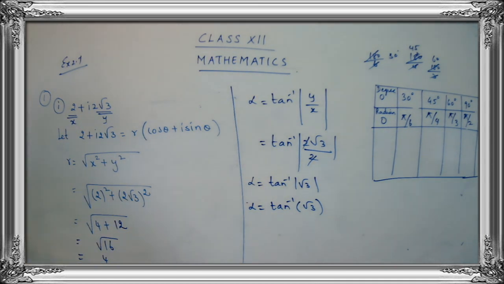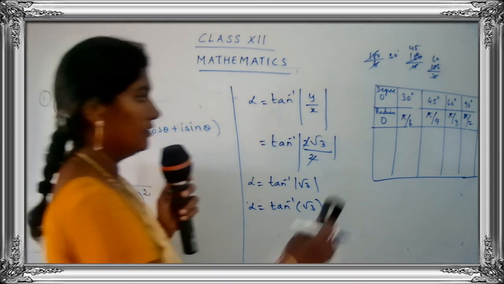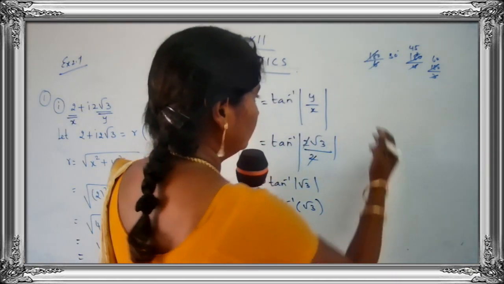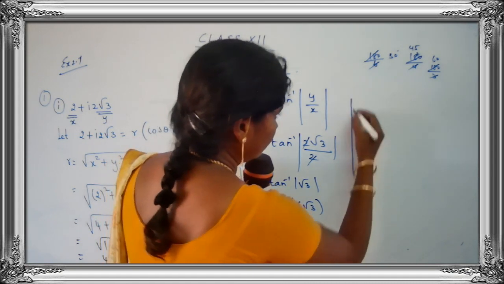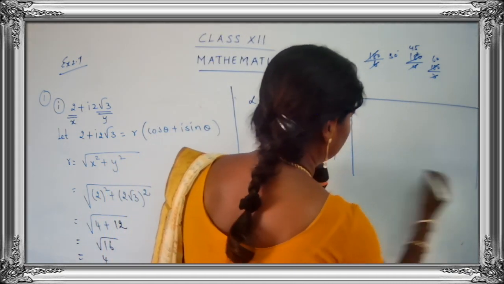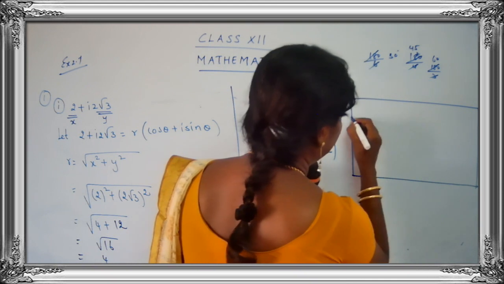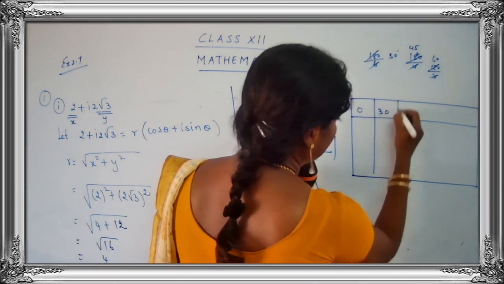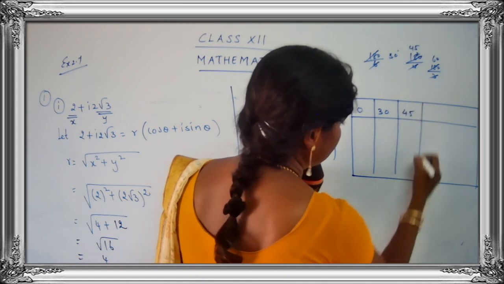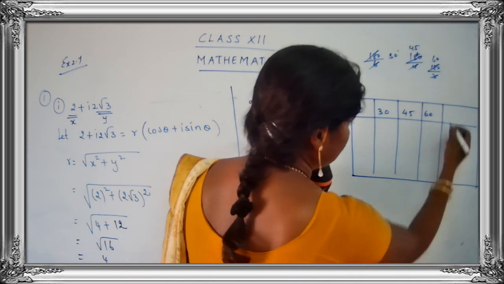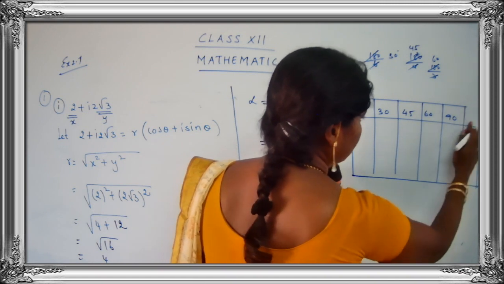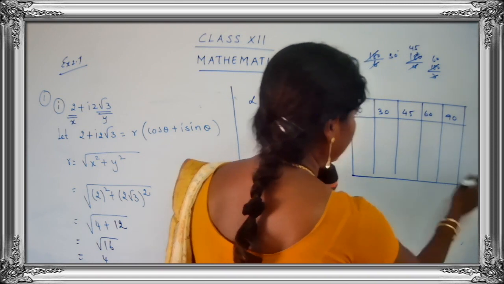I hope you are clear. I'll just write a little this side. So 0, 30, 45, 60, 90. So this is in terms of degree.